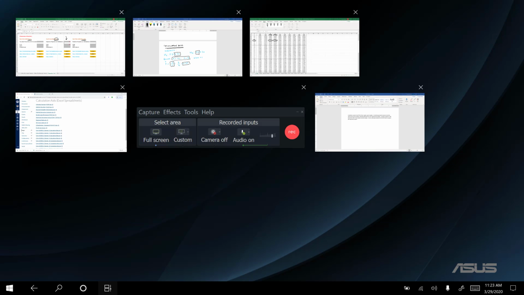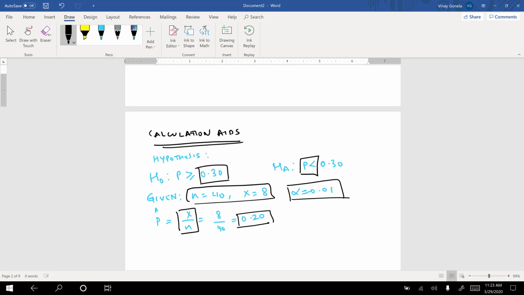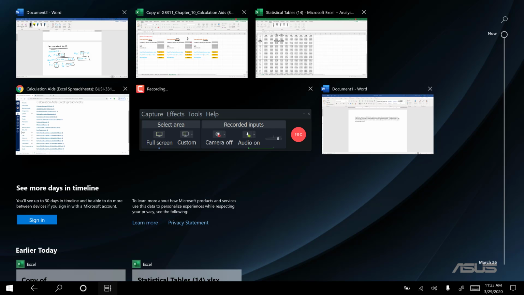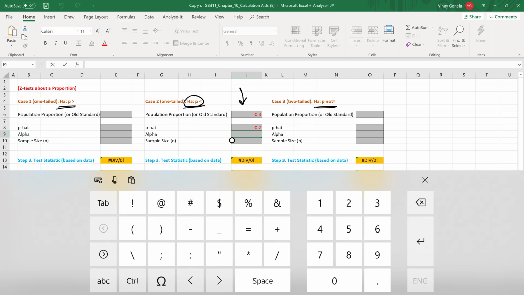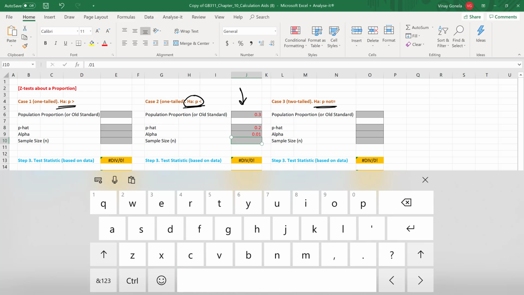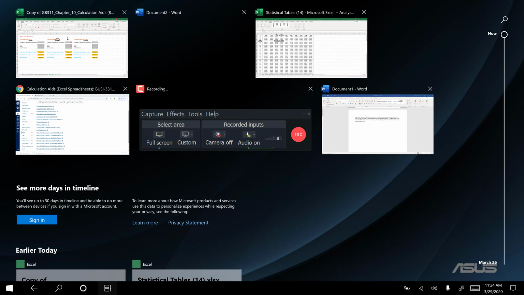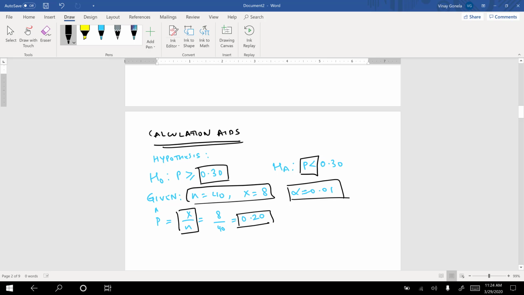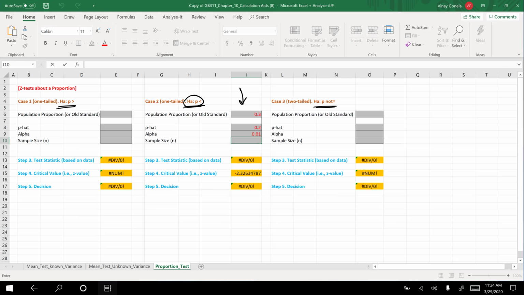Let's cross check it. Alpha is 0.01. And then finally your sample size n is 40, so you will enter 40 here.